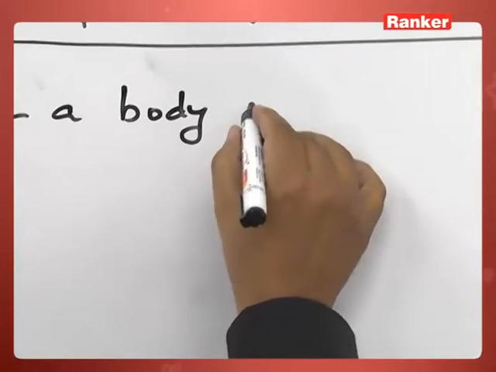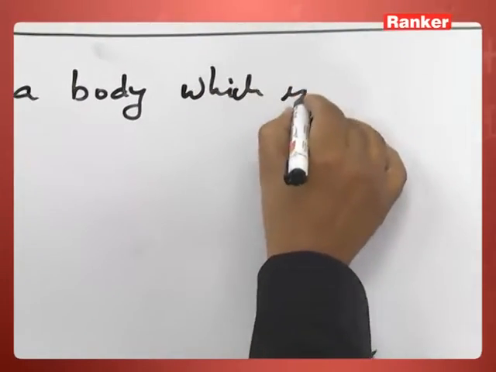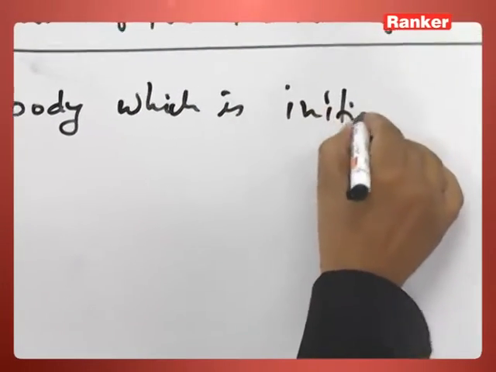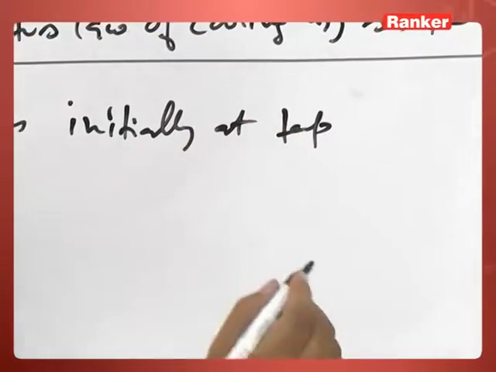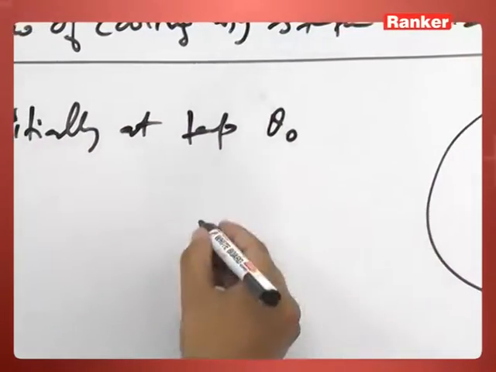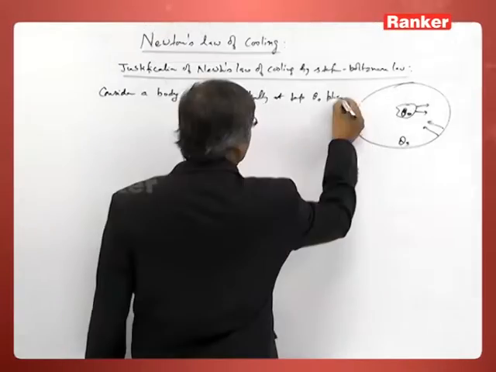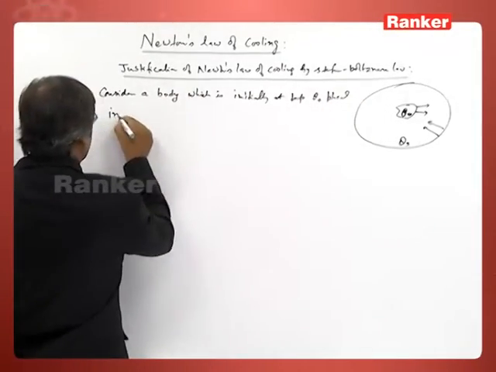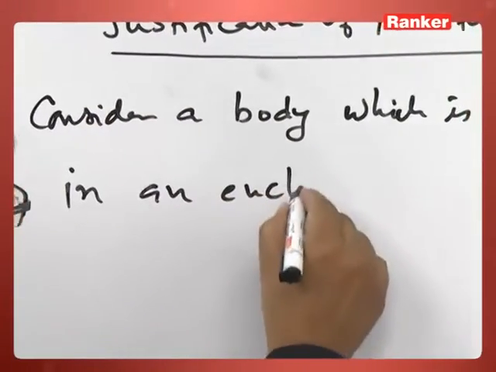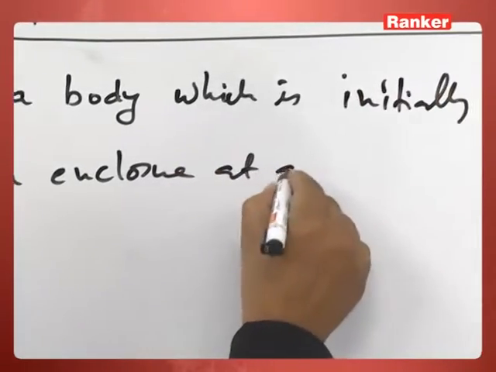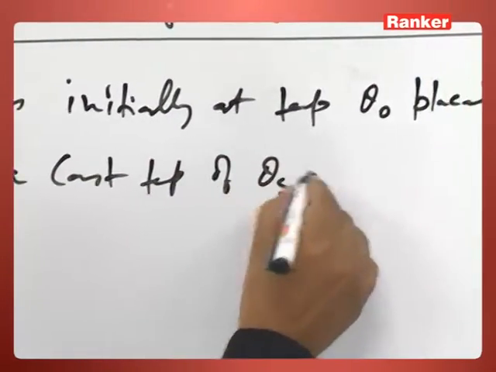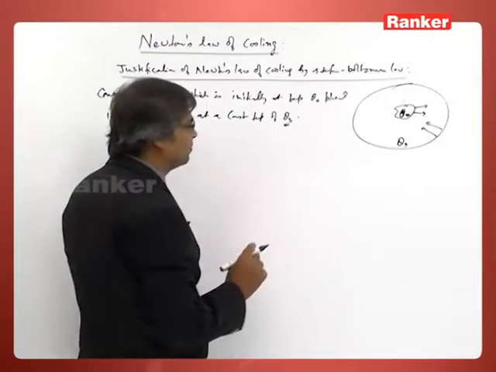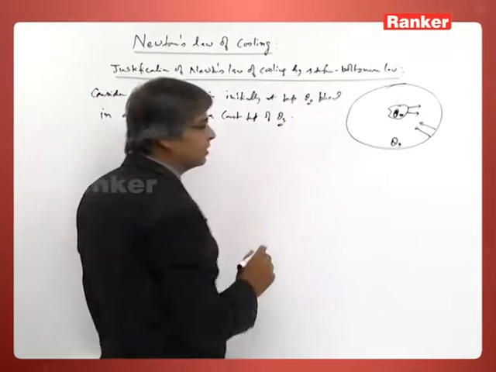Consider a body which is initially at temperature theta naught, placed in an enclosure at a constant temperature of theta s. So, theta s is constant and theta naught is changing.